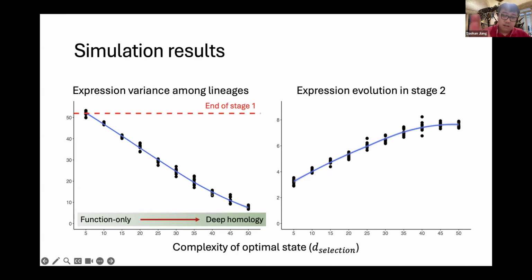So as complexity of the optimal state increased, we see a gradual shift towards deep homology. Expression evolution in stage two, on the other hand, increased. So the more complex it is, the more evolution each lineage has to undergo to adapt.